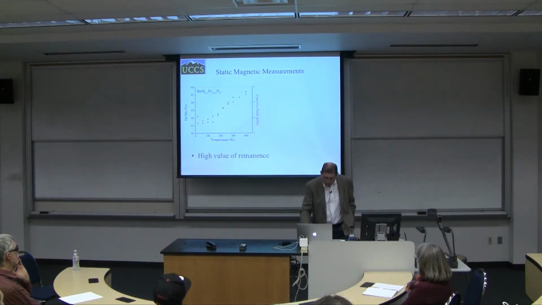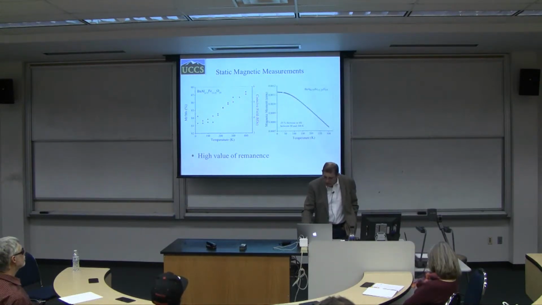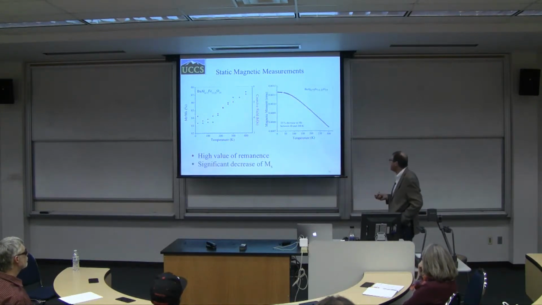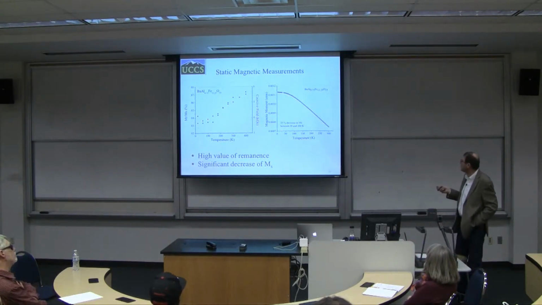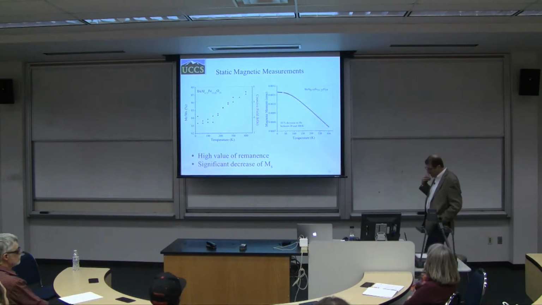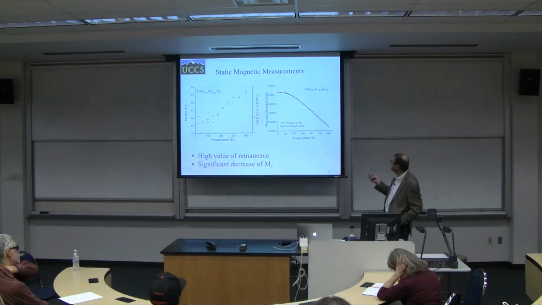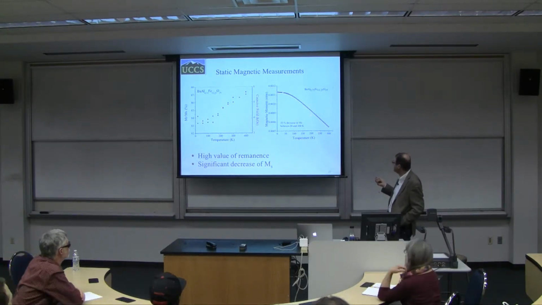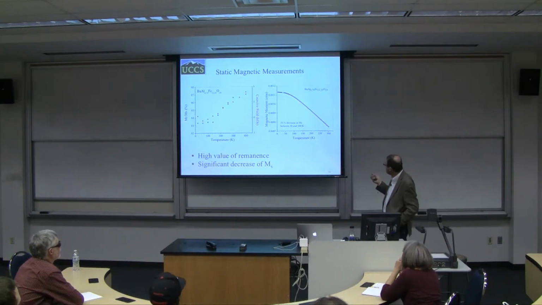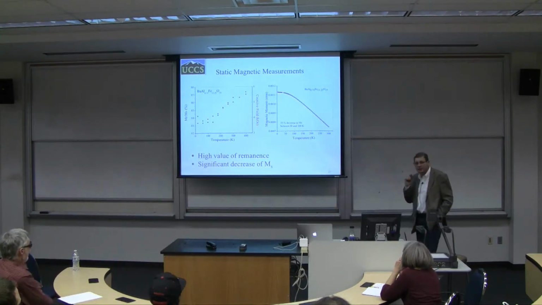So basically the conclusion here is, we have a high value of remanence, and also we have a significant decrease in MS, because what I'm showing here is how the magnetic moment is changing as a function of temperature. At low temperature, I can force all the moments to be aligned with the magnetic field. As I'm going to higher and higher temperatures, the saturation moment which I'm measuring is far below the value at 0 Kelvin.